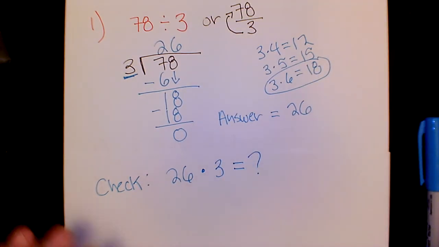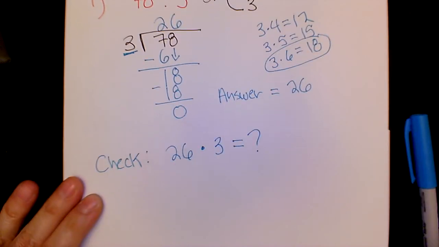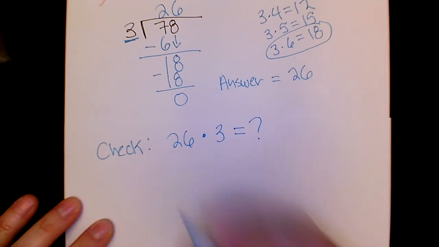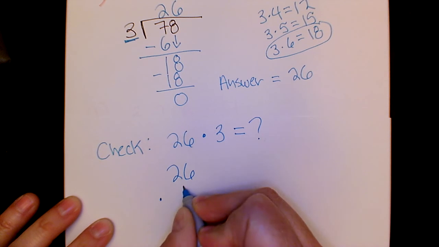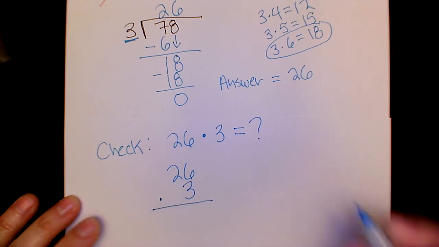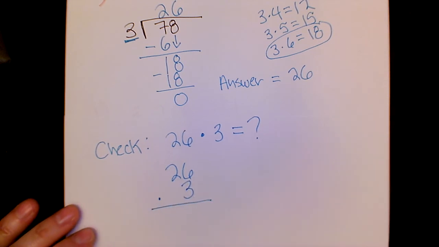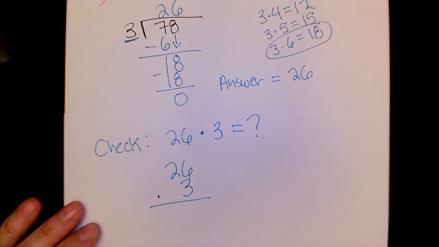And hopefully we will get back to 78. So this is what we did in the last section. So let's go ahead and do a check and see if we come out to 78.